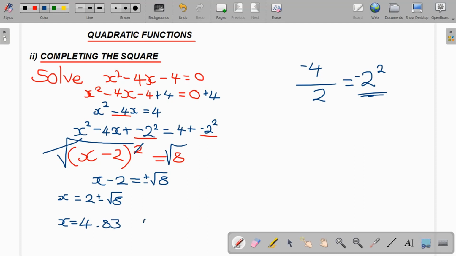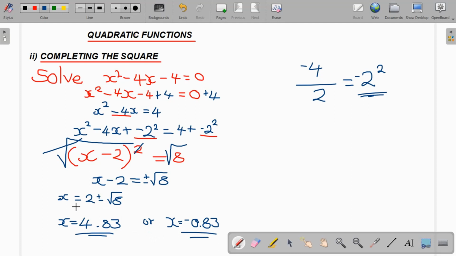Or we can say x is equal to 2 minus the square root of 8, which will give us negative 0.83. That's what we are going to get. So these are the two possible values of x.